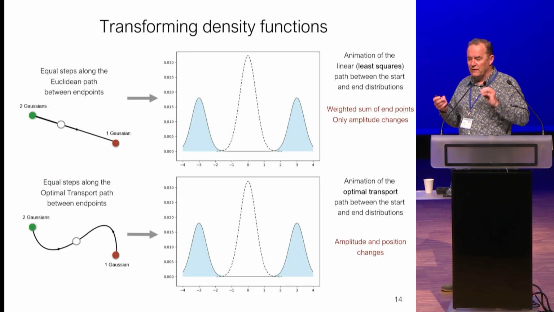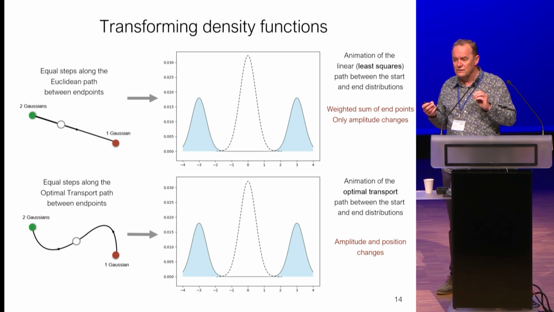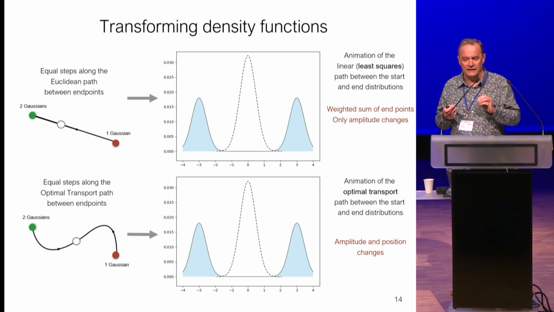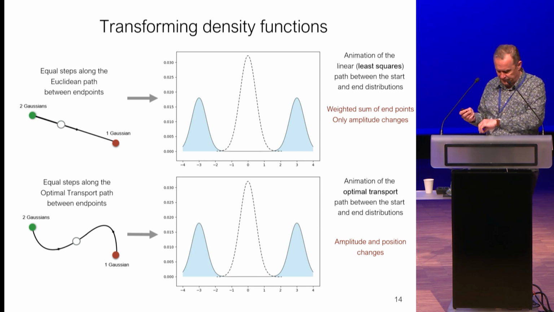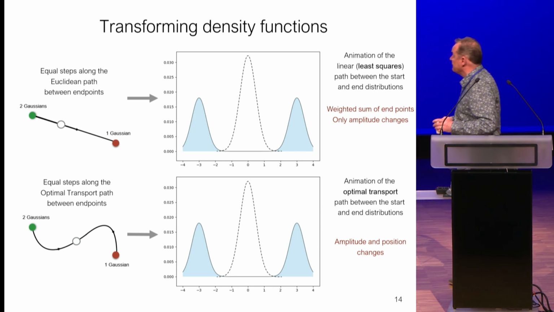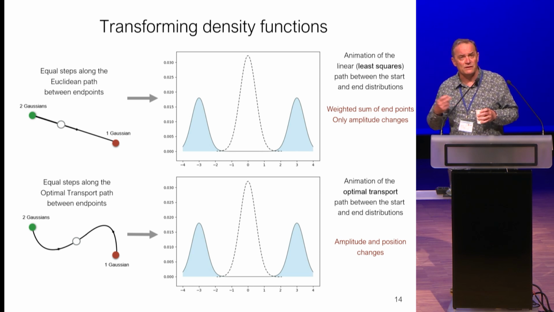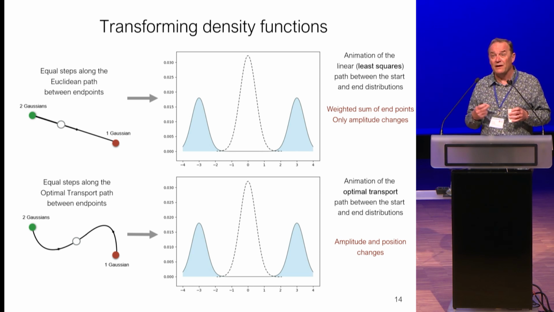Okay, with that in hand, this is really the point I want to get onto. How do you transform the two Gaussians into the central Gaussian, the blue to the dashed line? I'm going to play you two little animations. The top one is going to be the Euclidean path between the two end members. The Euclidean path is just the weighted average, where I change the weight.